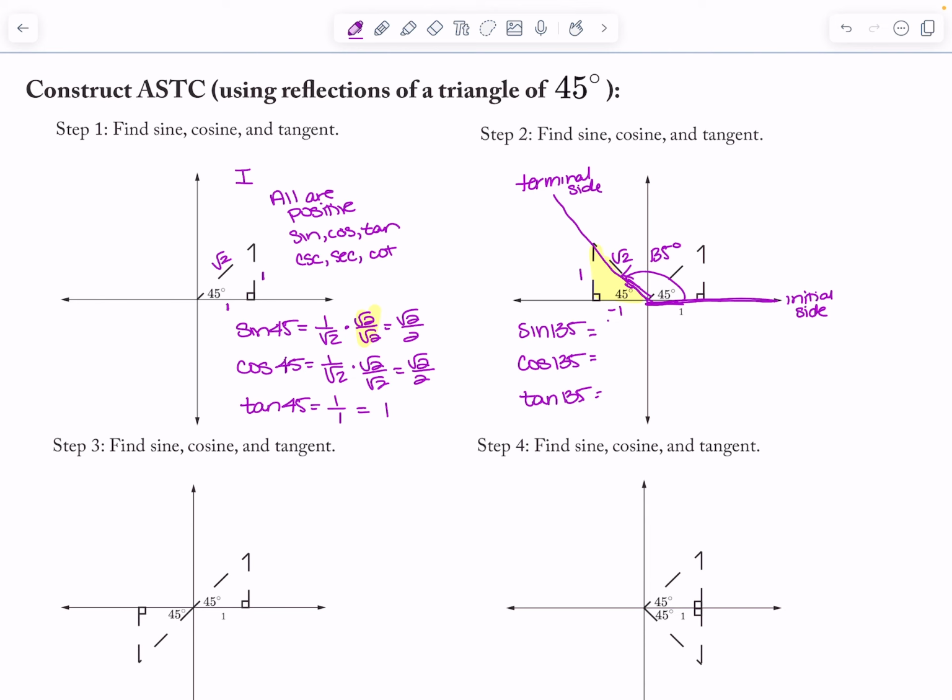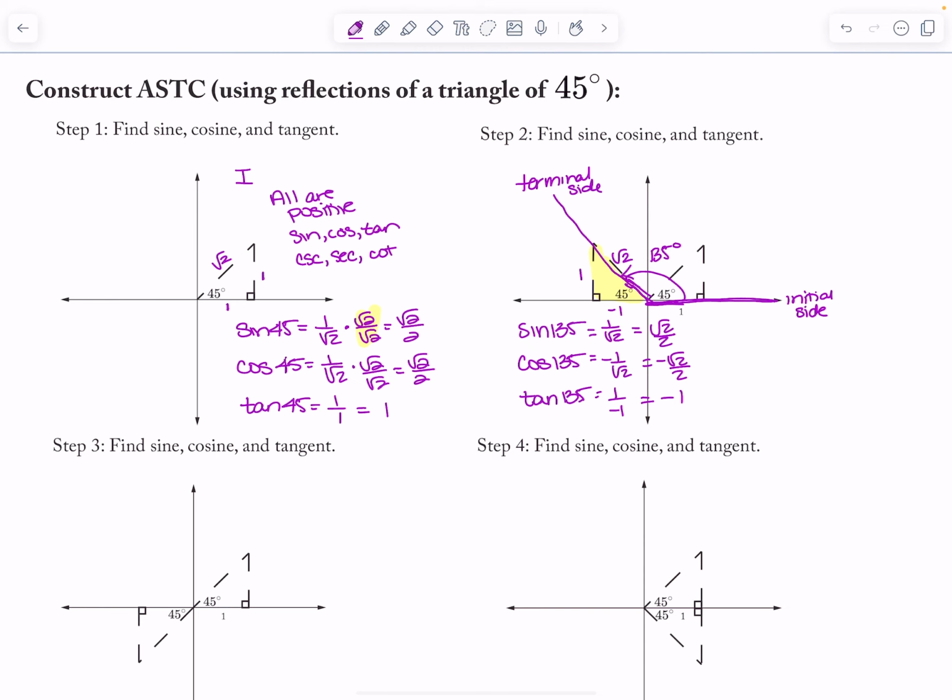Okay, so the sine of 135 degrees is going to be my opposite over hypotenuse, so 1 over √2. My cosine will be negative because that's -1 over √2, which is my adjacent side. And then my opposite over adjacent will be 1 over -1. So essentially I get √2 over 2, and I get -√2 over 2, and I get -1.